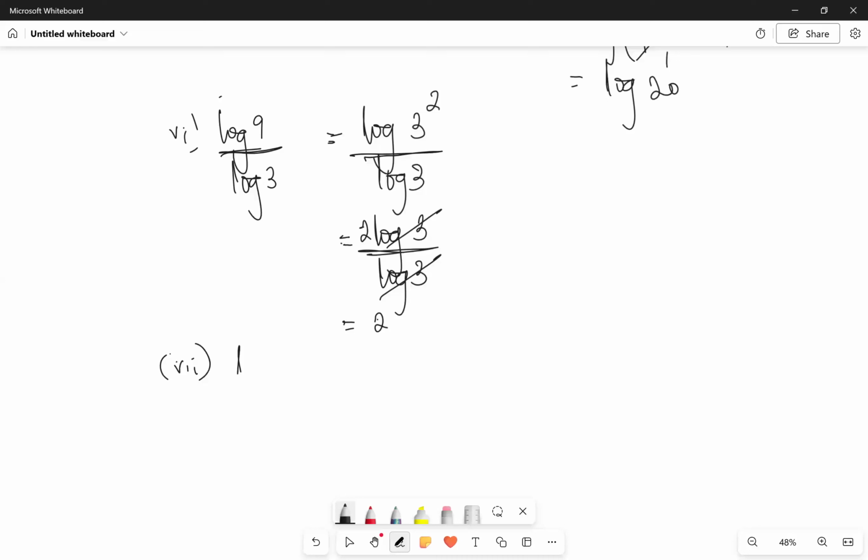We have log x plus 1 minus log x squared minus 1.